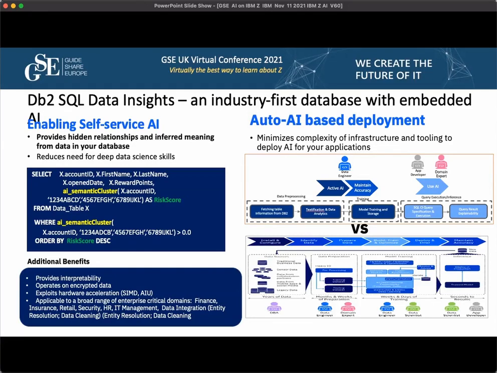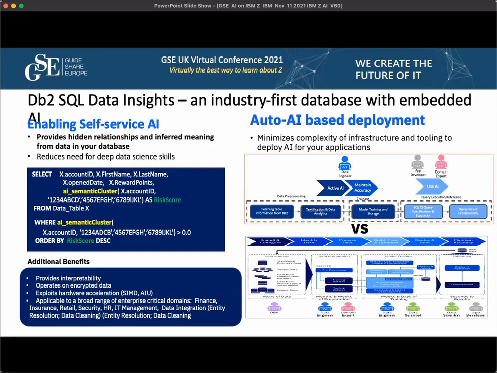Again, you don't have to be a data scientist, you don't have to do the model training, because that's all done under the covers transparently. We'll train the model on your Db2 data, as I said, build this vector table, and also provide you with built-in semantic query functions such as clustering and similarity.